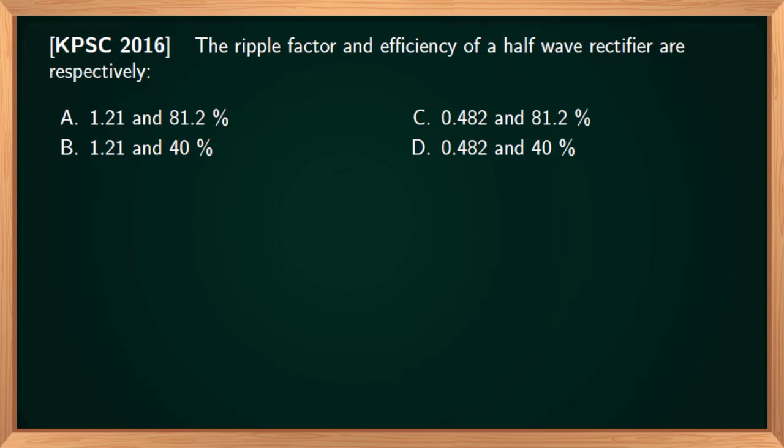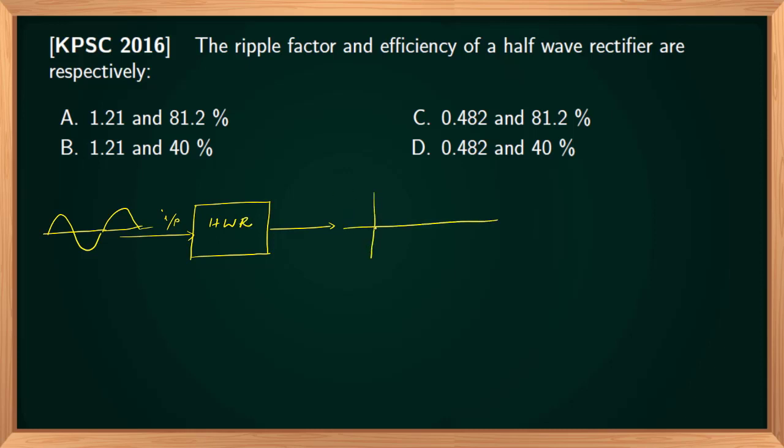We know that a half-wave rectifier produces output only for the positive half cycle of the sinusoidal input signal. So this will be the output voltage or current.